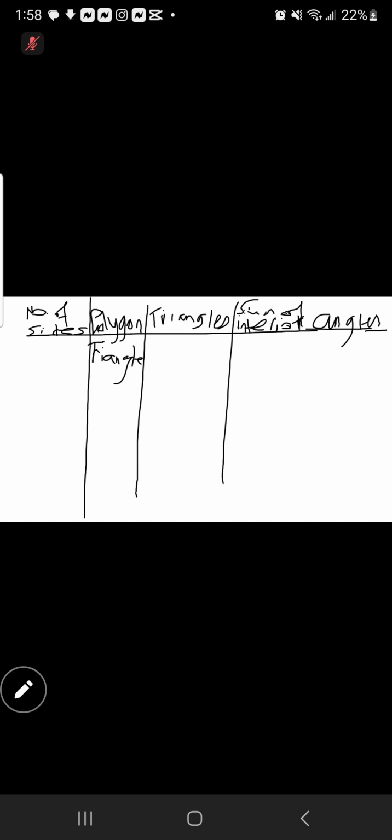So beside that you put 3. And how many triangles does a triangle have? 1. What's the sum of the interior angles in a triangle? 90. Hold on, miss, it was 180. The sum is 180.